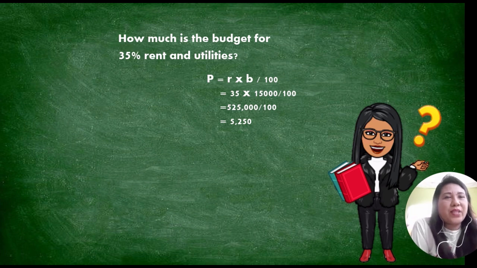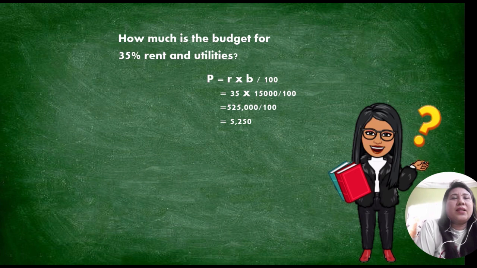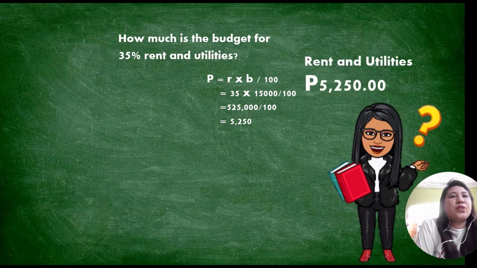So R is 35 times 15,000 divided by 100. 35 times 15,000 is equal to 525,000 divided by 100 is equal to 5,250. So rent and utilities is equivalent to 5,250 pesos.